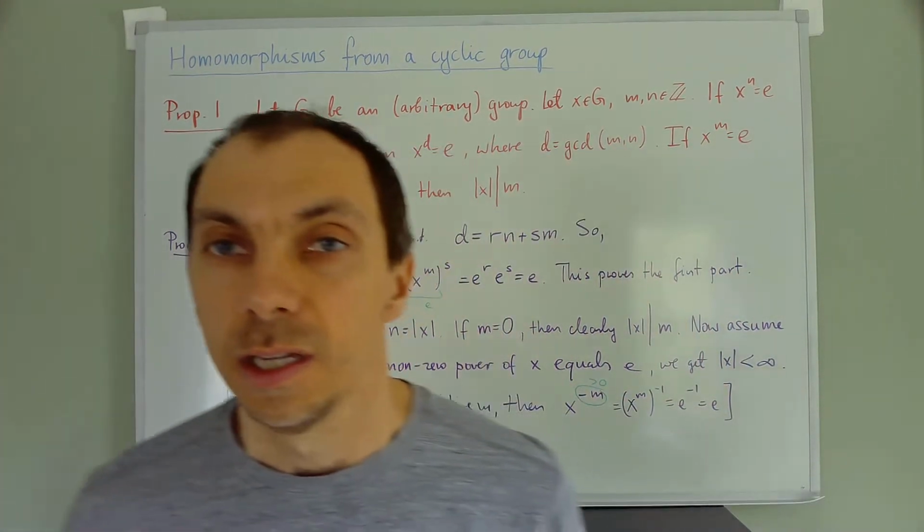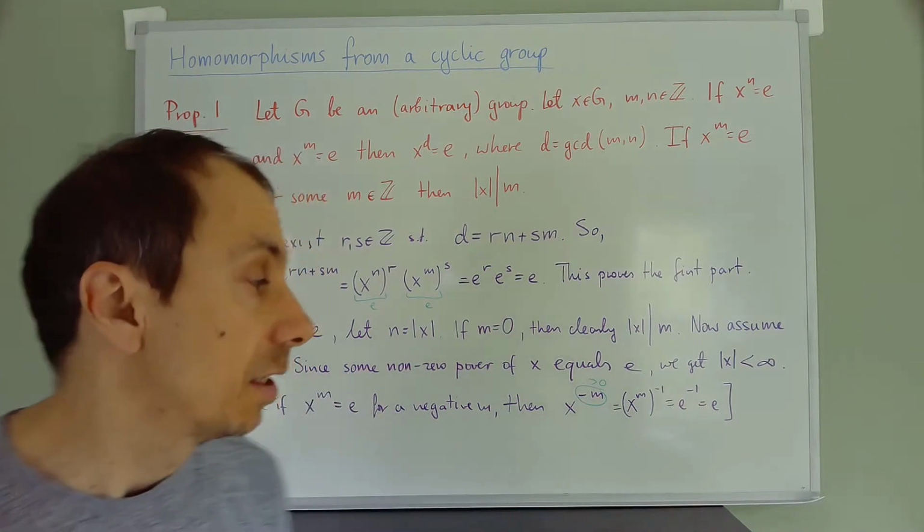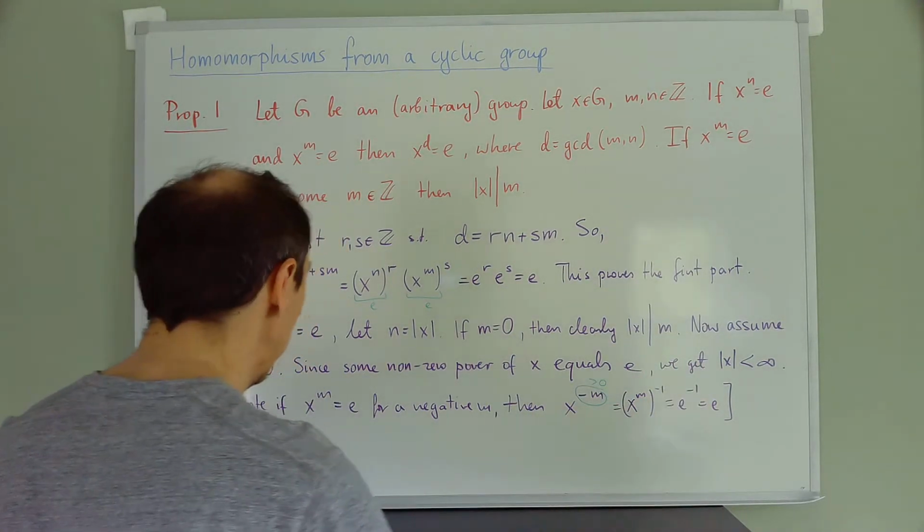So even if m is negative, there is still a positive power of x that gives you the identity, which means the order of x is less than infinity.